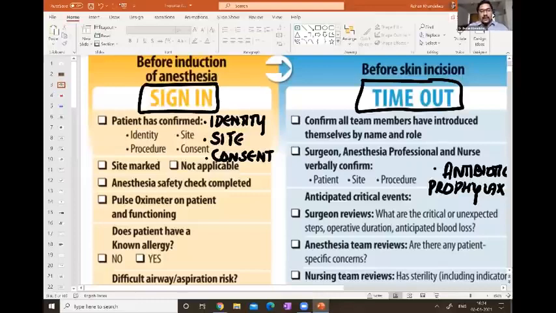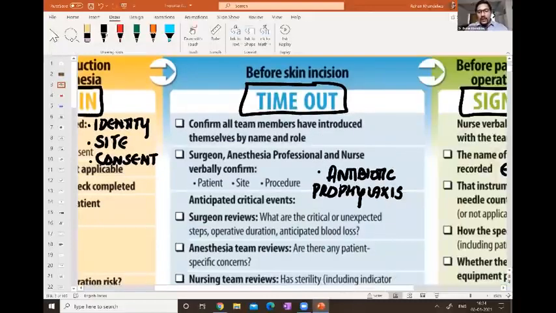The second phase is before skin incision. This is the timeout phase before we start surgery. And the 2 key things from the FMG exam point of view which you need to remember: antibiotic prophylaxis is checked in this phase, and also the surgeon tells the entire team what surgery he is going to perform.